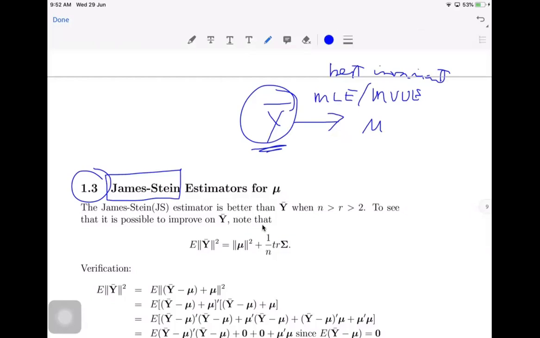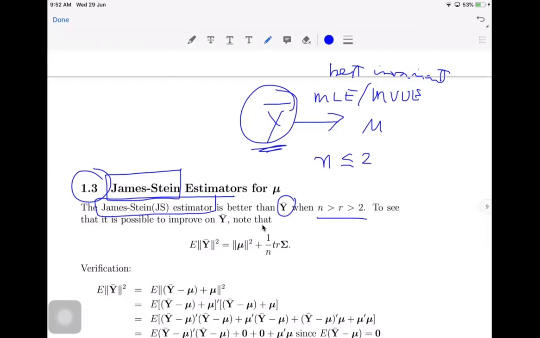It is only good when n is less than or equal to 2. But when n is greater than 2, Y bar will no longer be the best, and there will be a better estimator than Y bar, which is called the James-Stein estimator. And we will see why.